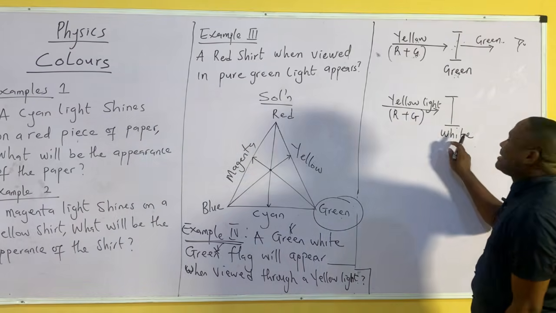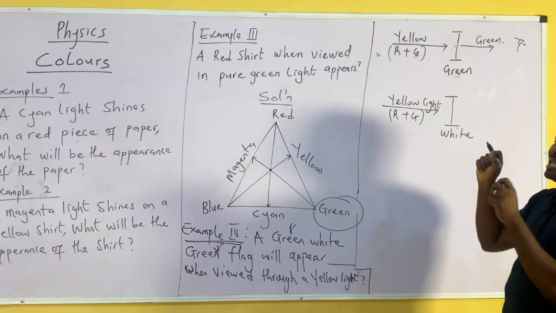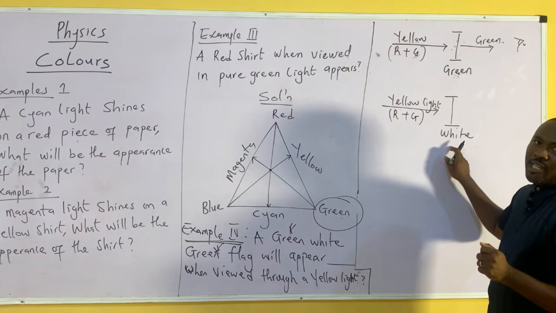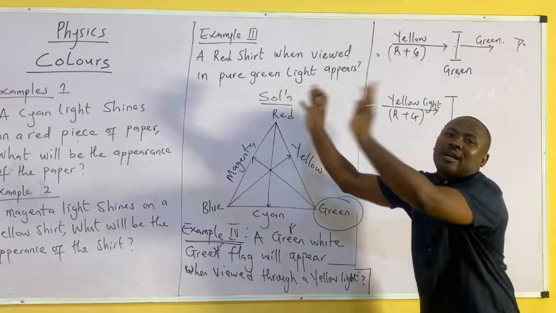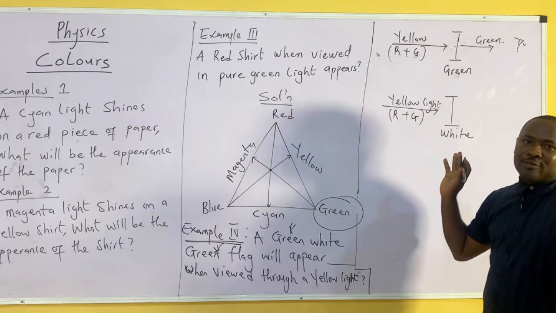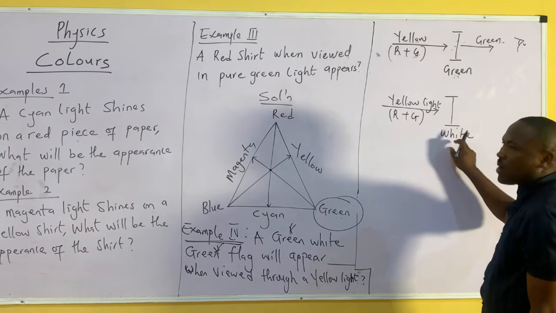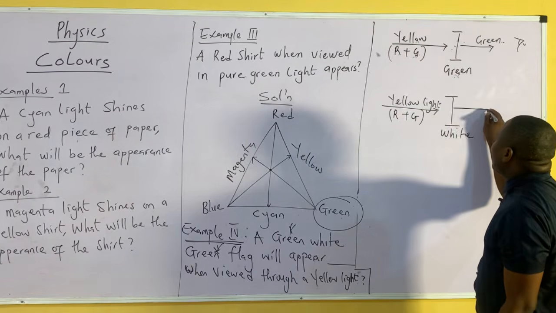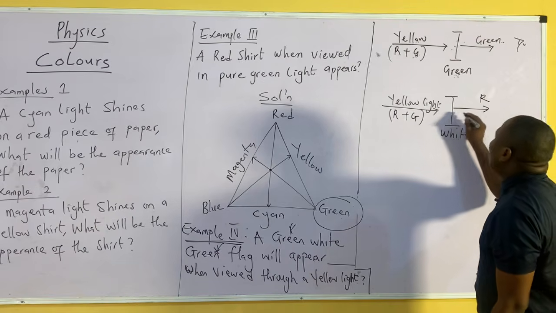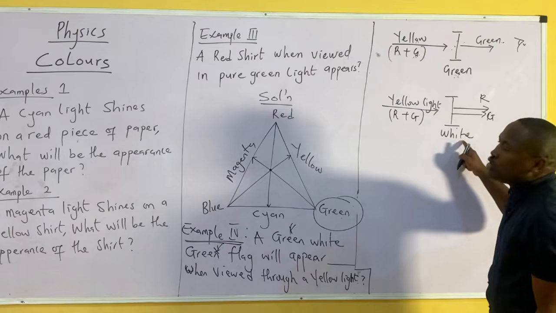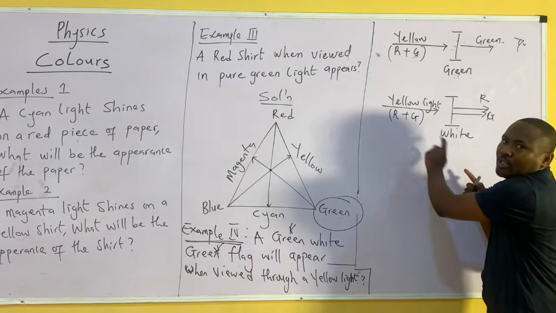Because it is a white shade, as yellow comes, it will give out everything that yellow gave to itself. So yellow will permit red to go through and also permit green to go through. White will not hold any of these components.